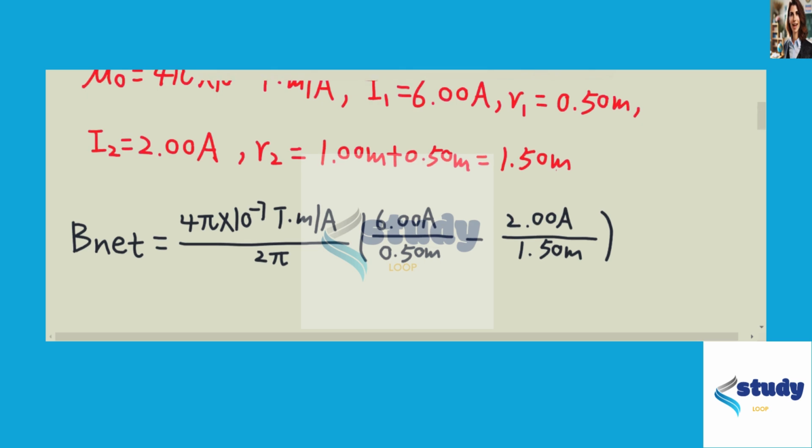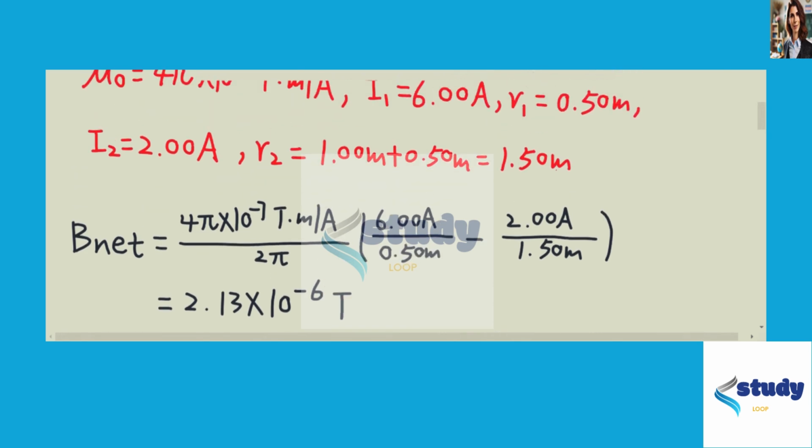And this will give us the net magnetic field at point Q of about 2.13 times 10 to the power of negative 6 Tesla.